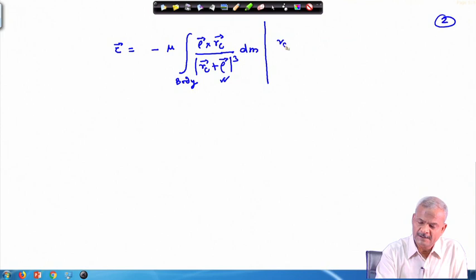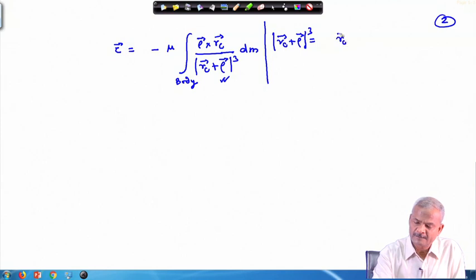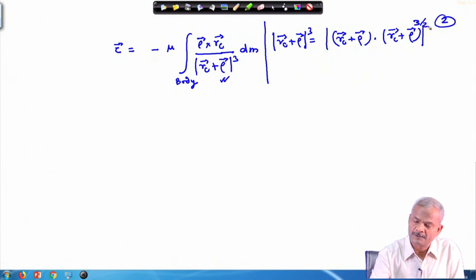As we can see, this R c plus rho whole cube can be written as, this is R c magnitude. So, this is R c plus rho dot R c plus rho to the power 3 by 2.